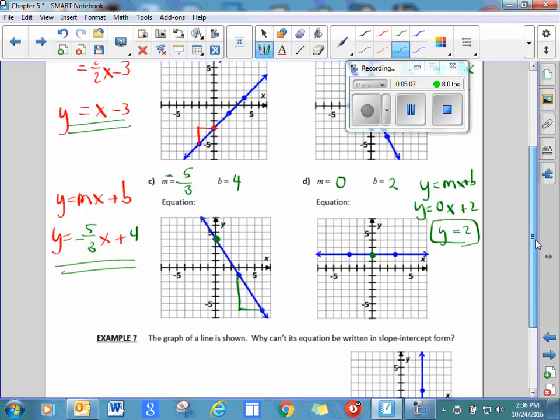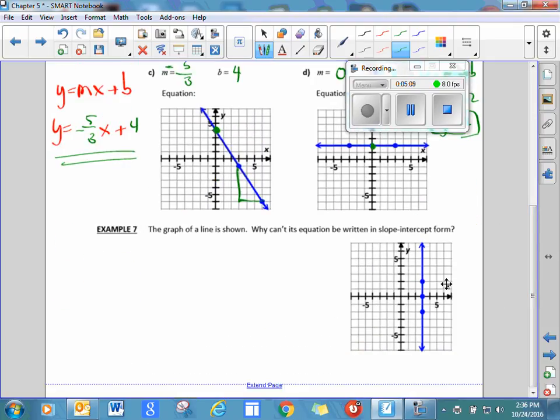This last example gives a vertical graph, and it says, why can't its equation be written in slope-intercept form? So if you look at this line, there is no y-intercept. This graph does not ever intercept the y-axis. So for us to say y equals mx plus b, we can't fill in a b because he does not intercept the y-axis.